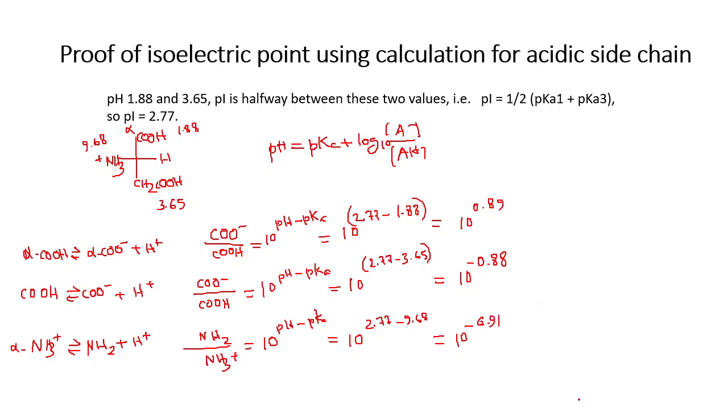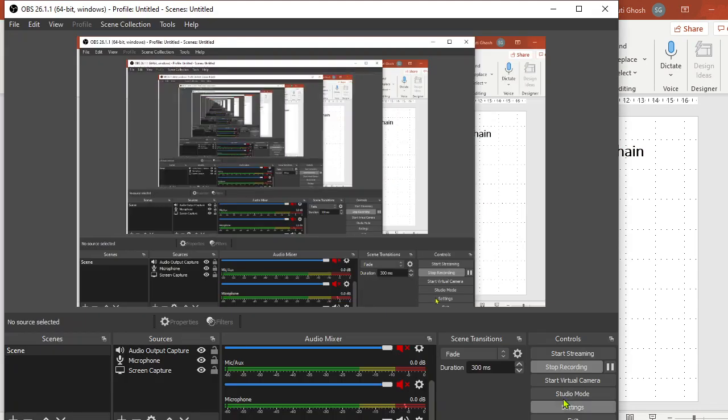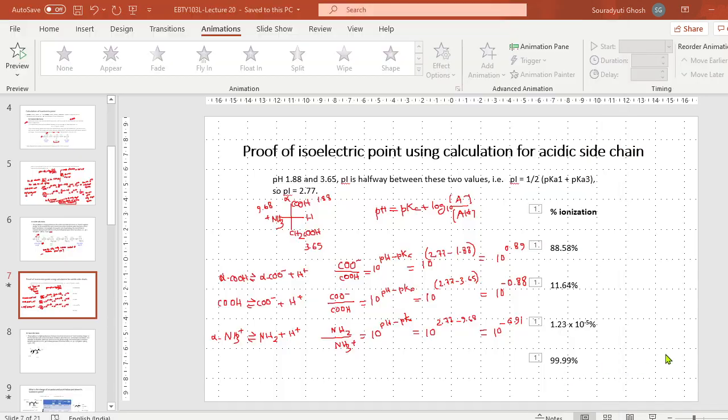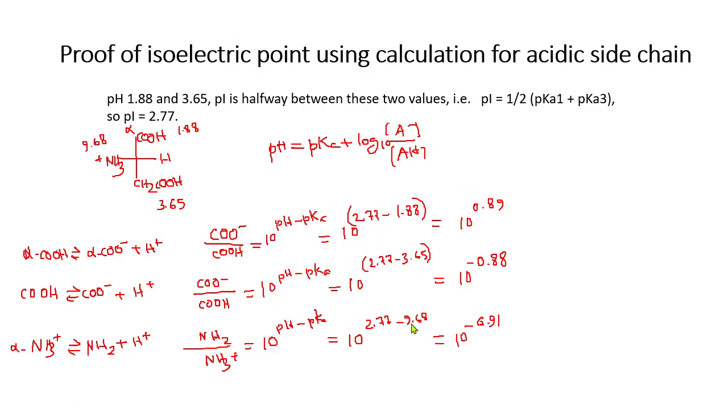Let's see what exactly that means. This is the ratio for the alpha NH3 plus dissociating into NH2 plus H plus. The ratio of amino by NH3 plus would be 10 to the power minus 6.91.